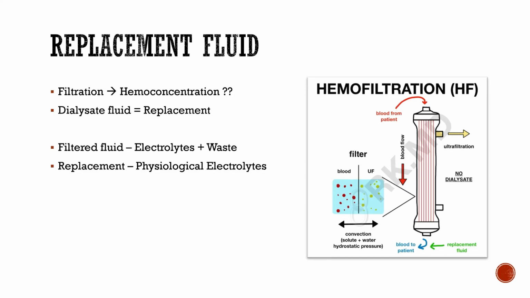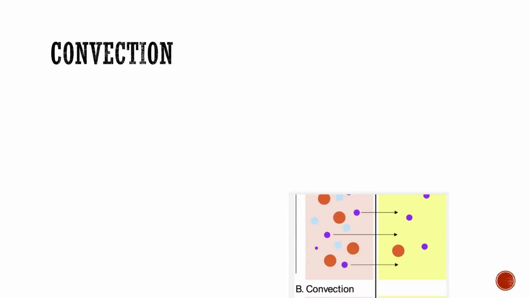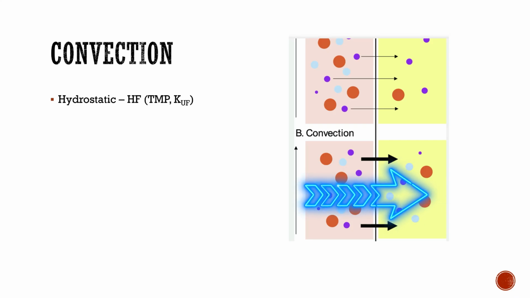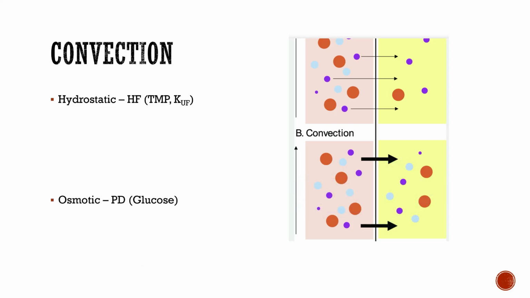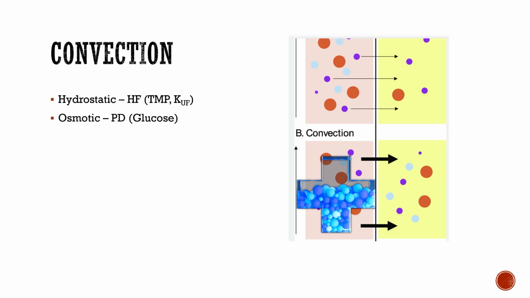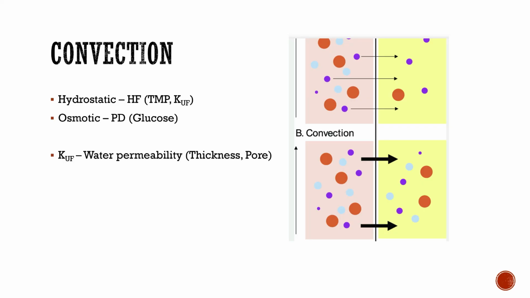Now let's see what drives convection. We can move fluid across the membrane using either hydrostatic pressure as in hemofiltration or osmotic pressure as in peritoneal dialysis using dextrose-based dialysate. In hemofiltration, a positive pressure is applied to the blood side relative to the dialysate side. This transmembrane pressure forces water and dissolved solutes to move across, and dialyzer membranes are classified based on their water permeability, expressed as KUF, the ultrafiltration coefficient.